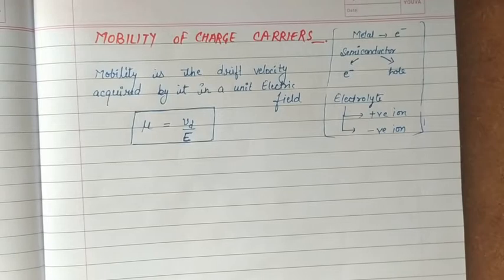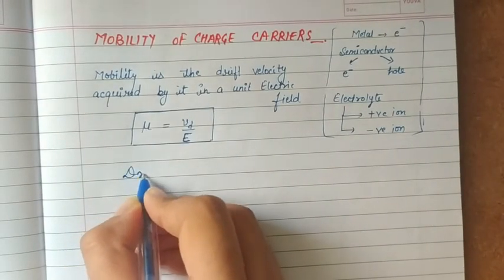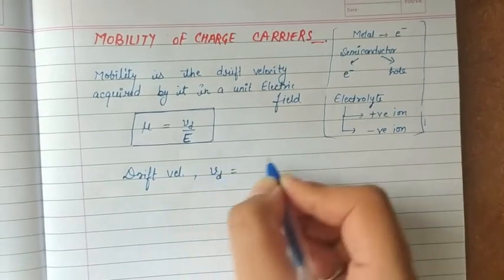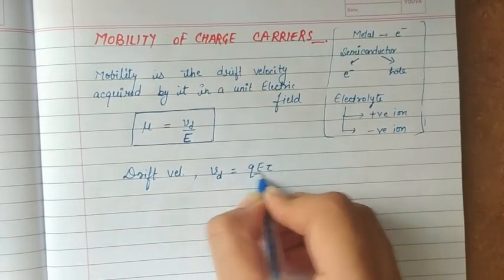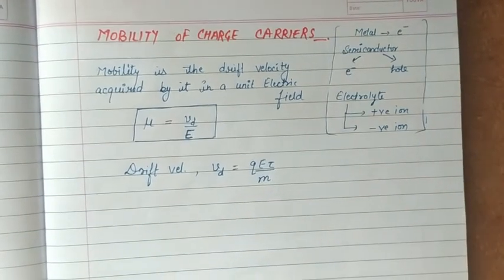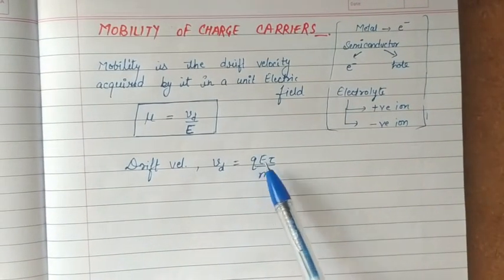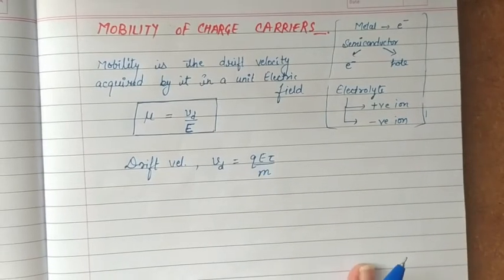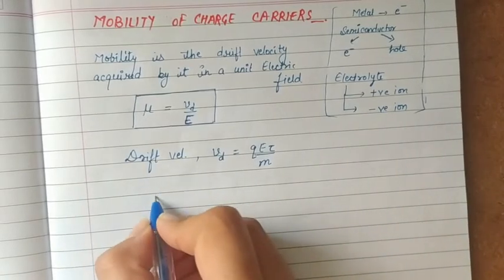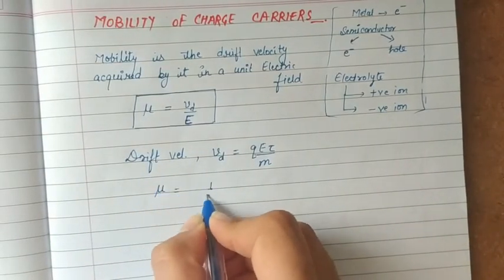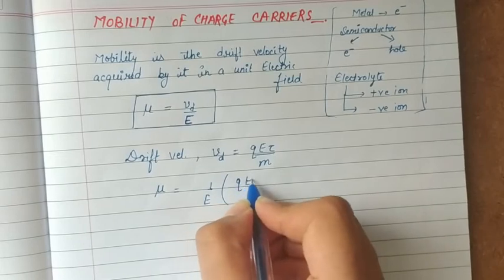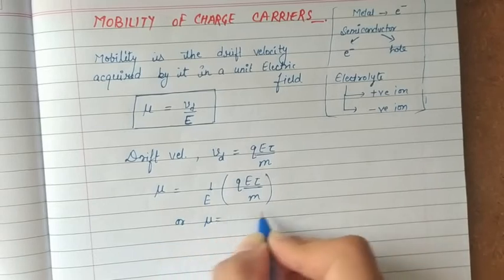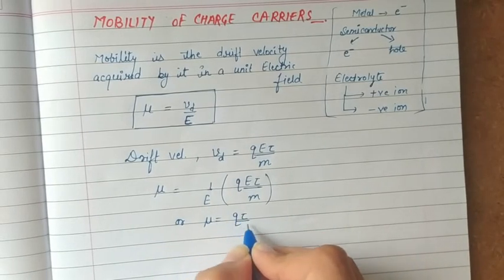Now we know that the drift velocity Vd is equal to q E tau upon m, where q is the charge of the carrier, E is the applied field, tau is its relaxation time, and m is the mass of the charge carrier. So mu can be written as 1 upon E times q E tau upon m, or mu is equal to q tau upon m.